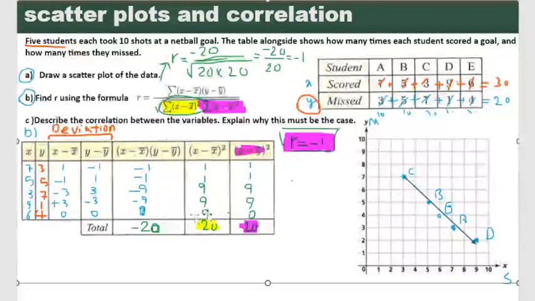So I say for part C that asks describe the correlation between variables, explain why this must be the case. We say the correlation, let me find the text box here.